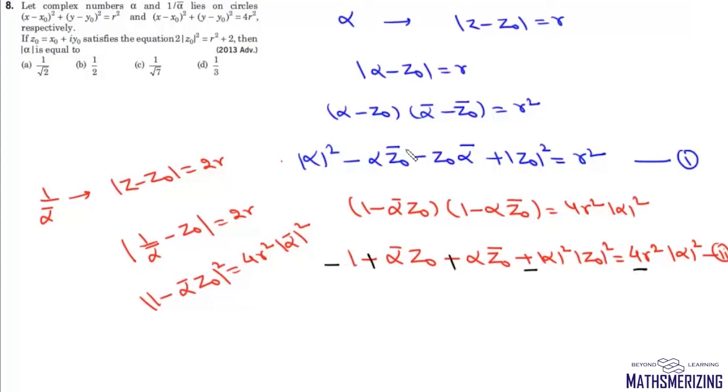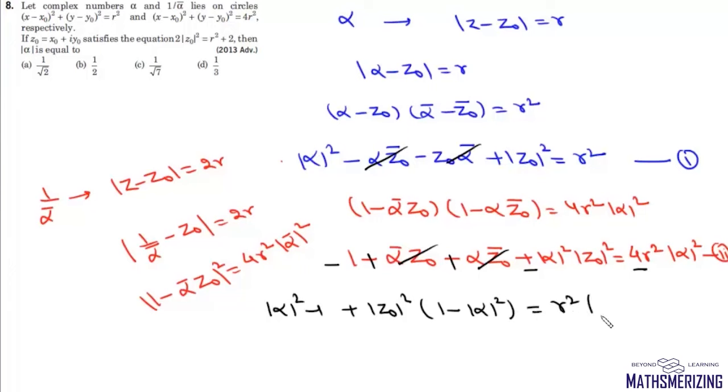Now here alpha z0 bar will cancel, alpha bar z0 will also cancel, so we'll get (mod of alpha square minus 1) plus mod z0 square into (1 minus mod of alpha square), and it will be equal to r square into (1 minus 4 times mod of alpha square).